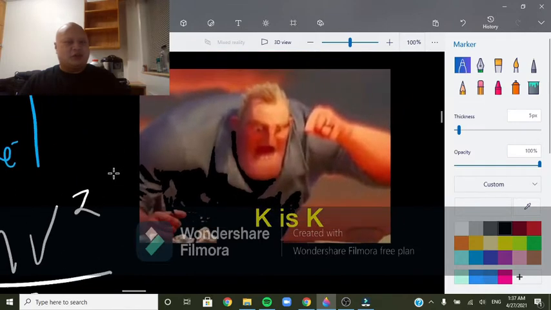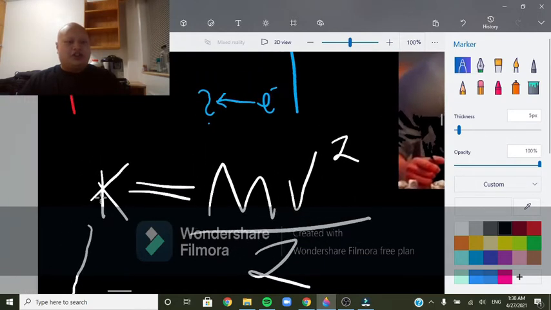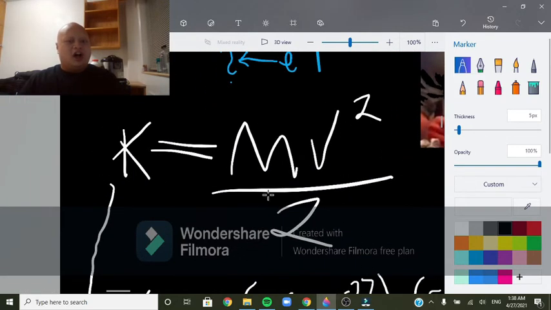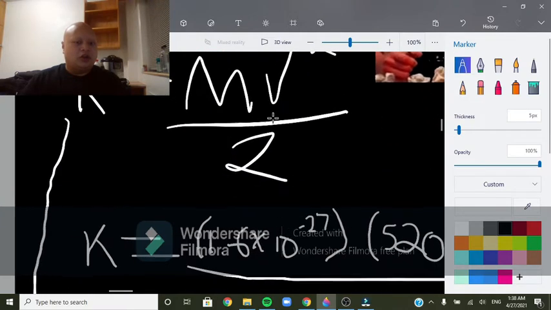So basically, K is K. Kinetic energy is kinetic energy. The formula for kinetic energy is K equals half the mass times the velocity squared. We are looking for this K, so we can use this K and change the m to get the velocity of the electron.